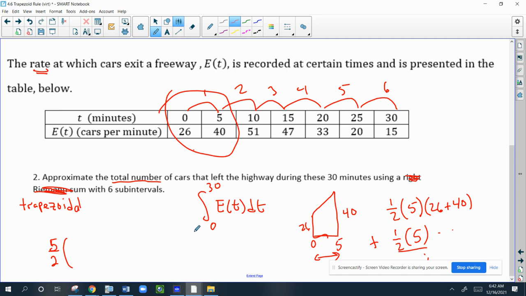Now the first trapezoid, we're going to add up the bases: 26 plus 40. And then we're on the second trapezoid. So we already have the 1/2 times 5. You add up the bases, 40 plus 51.